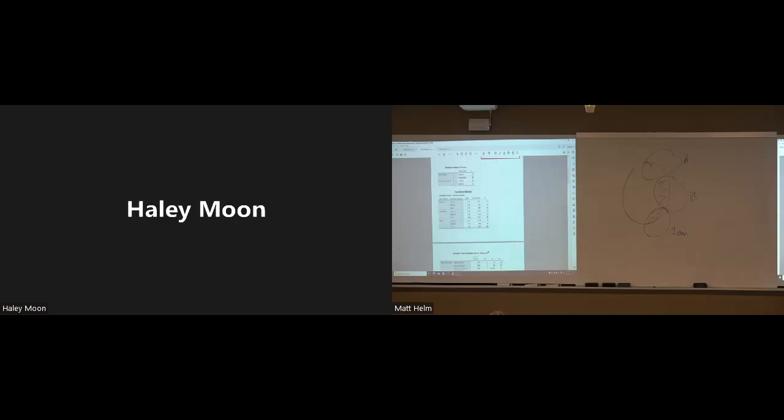Abby, which of these means correspond to your main effect of film? Let's see, so the main effect of film. Would it be the sadness total and amusement total? Yep, sad total versus amusement total, right?